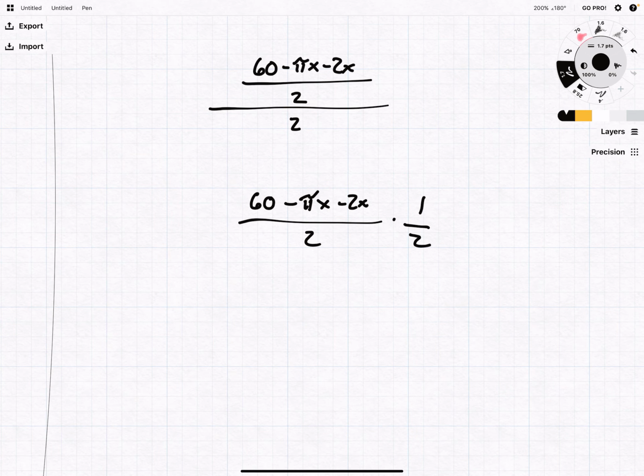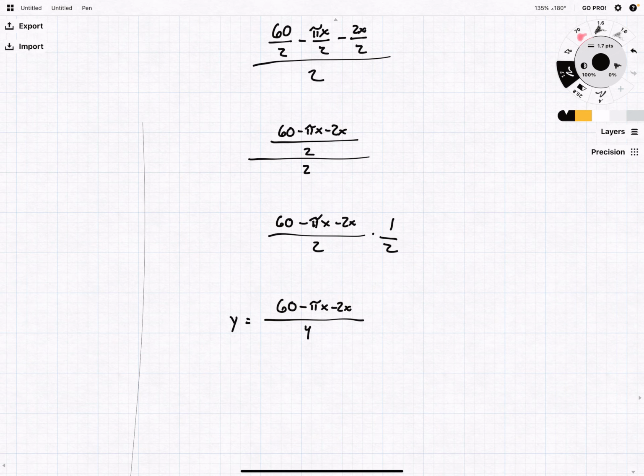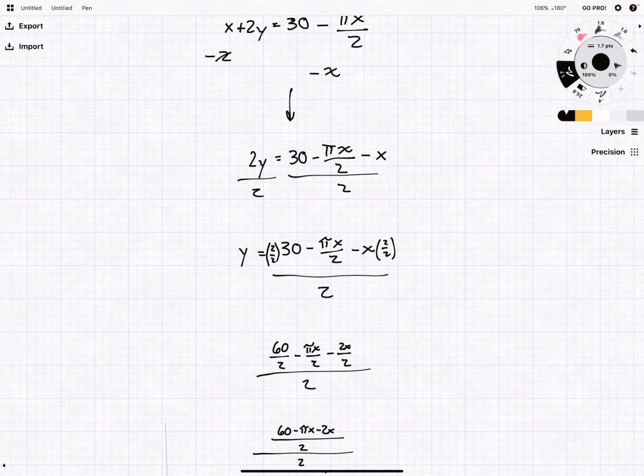And there we go. We finally get 60 minus pi x minus 2x all over 4. And that's probably good enough for that. So finally we have y equals 60 minus pi x minus 2x all over 4. And we would like to simplify that.